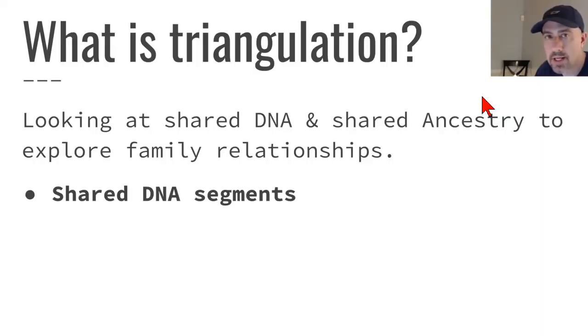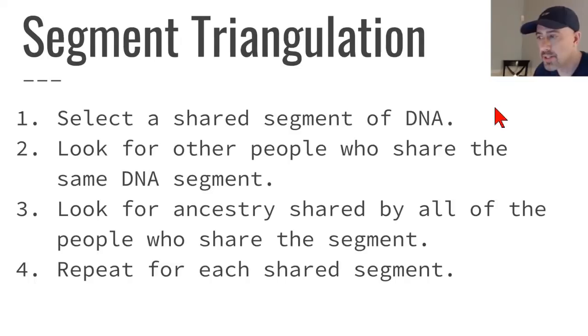And this term triangulation has gotten broader over the years, but during this presentation we're going to talk about triangulation in terms of looking at shared DNA segments. There are other ways of thinking about triangulation, but with visual triangulation we're talking about looking at shared DNA segments to explore shared ancestry.